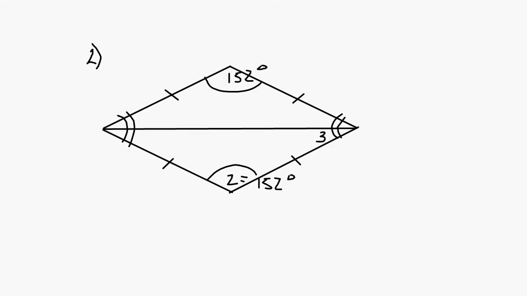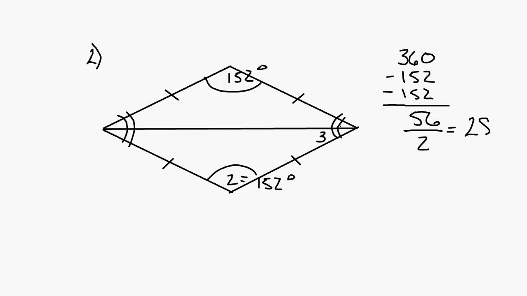So if you take 360 degrees and you subtract 152 and another 152, 360 minus 152 minus 152, you're left with 56 degrees. There's 56 degrees left, but you have two angles that are equal to each other, so you have to divide that by 2. So 56 divided by 2 is 28 degrees.